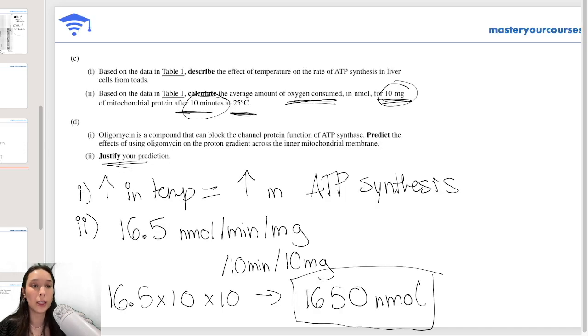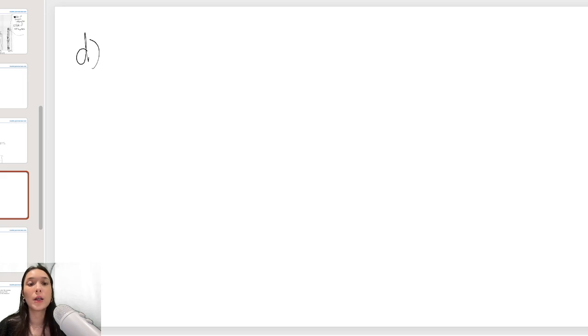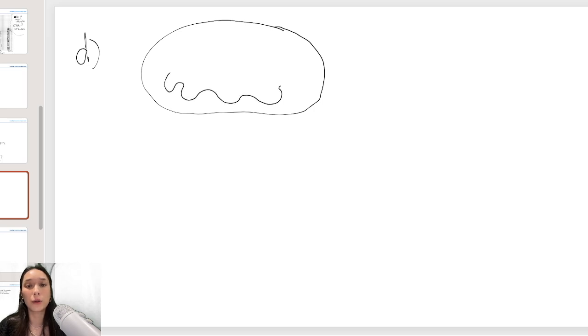So this is D. Let me draw a little diagram here. So you have your mitochondria like this, and then we have your inner membrane with the cristae. Now you have your ETC, which is going to be a bunch of proteins along here. And what they're going to do is pump H plus from the matrix into the inner membrane space. And that's what builds up that proton gradient.